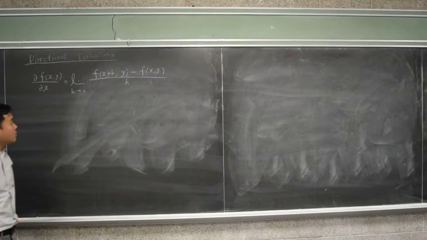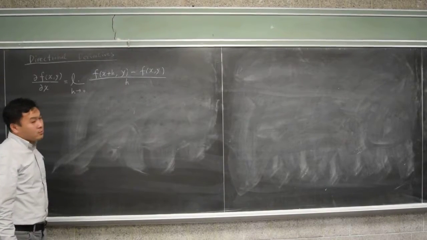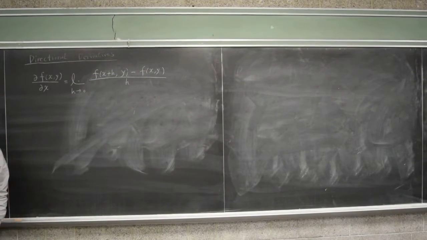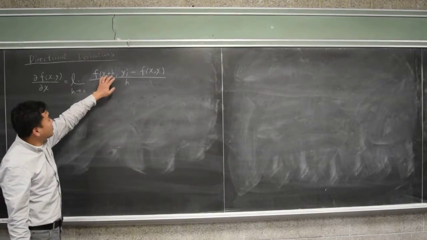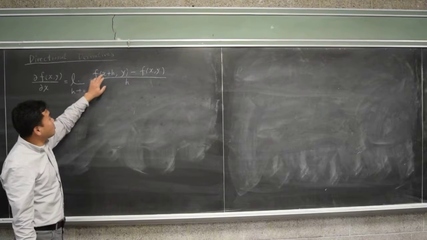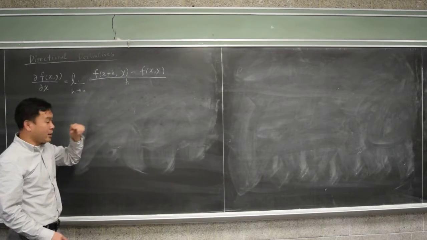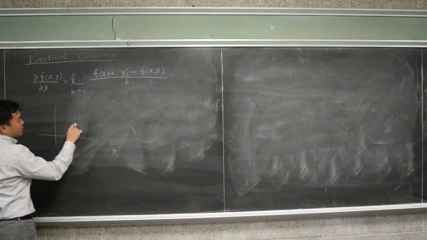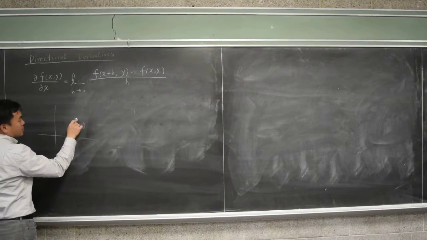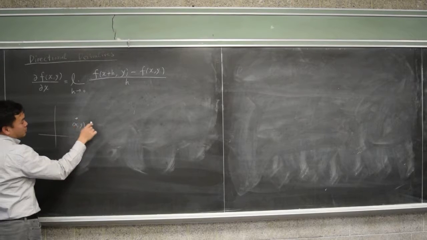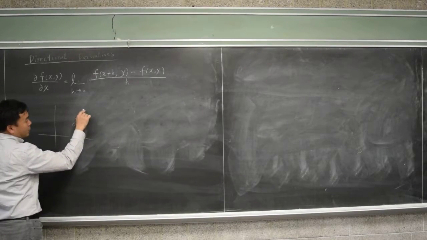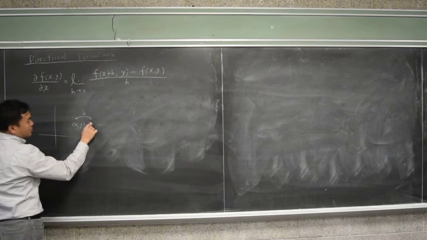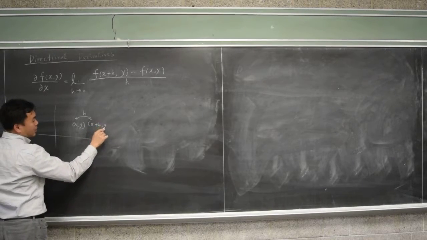you can be further creative in doing this derivative and say, well, this is like measuring the change of f as you're going in the x direction. So suppose this point is x comma y. What you're doing is, if you go h to the right, this point is x plus h comma y.